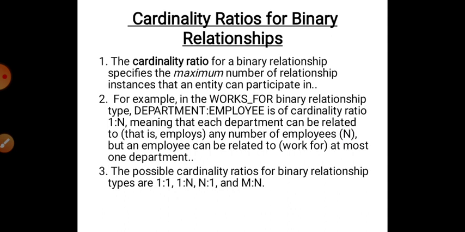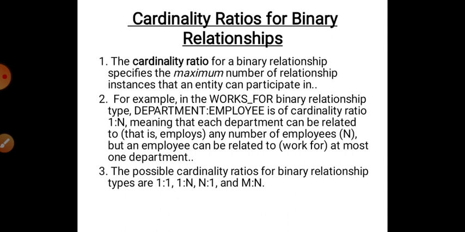First, the cardinality ratio for a binary relationship specifies the maximum number of relationship instances that an entity can participate in.